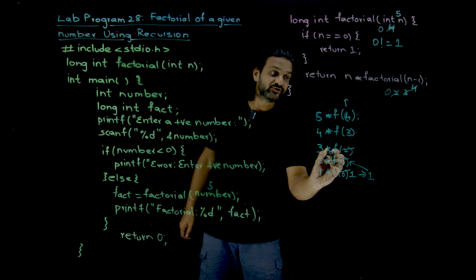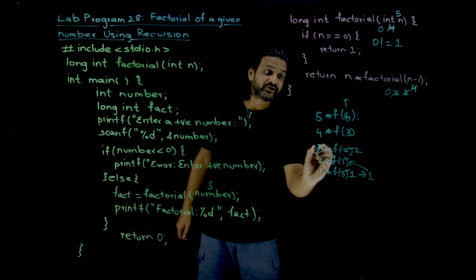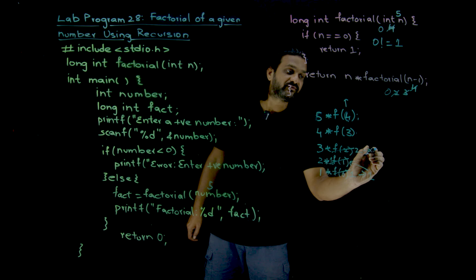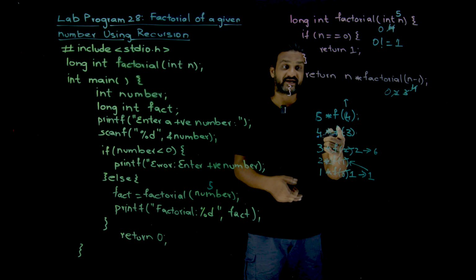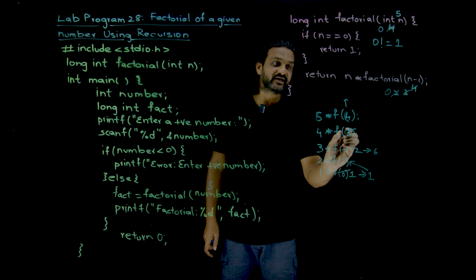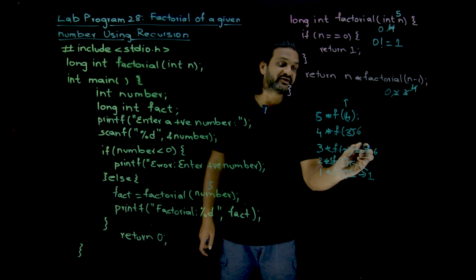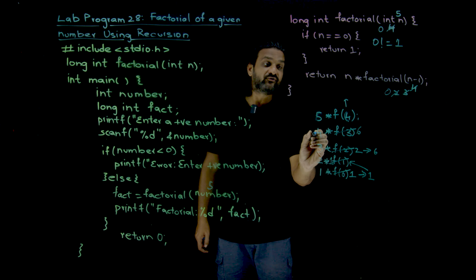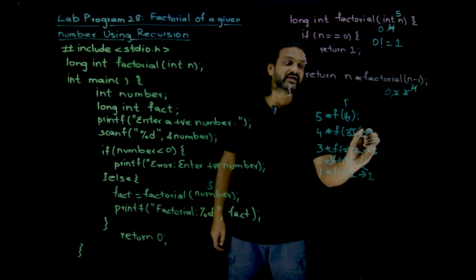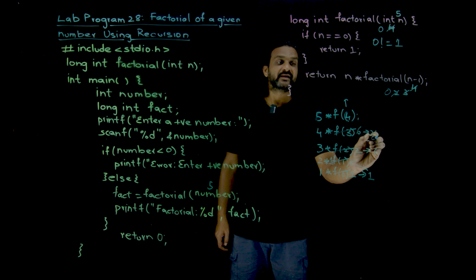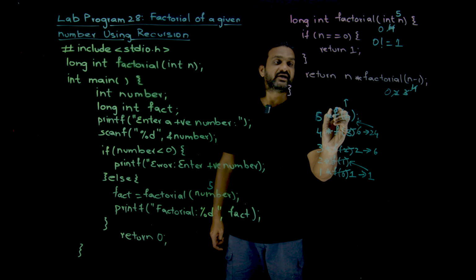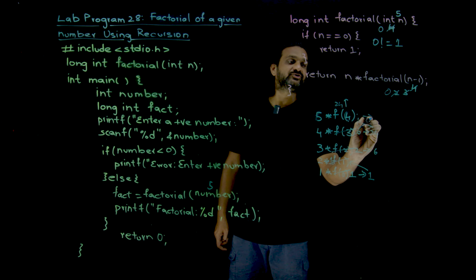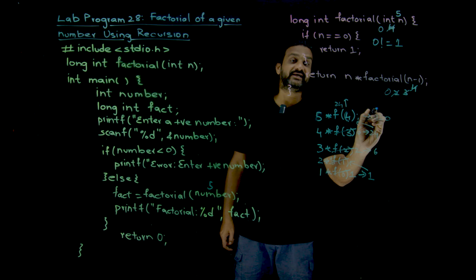So the return value is 2. 3 into 2 is going to produce an outcome of 6. So who is the parent for this? It is f of 3. So the return value 6 will be returned back to f of 3. 4 into 6 is going to produce an outcome of 24, and it will be returned to this, and 5 into 24 is going to produce an outcome of 120.